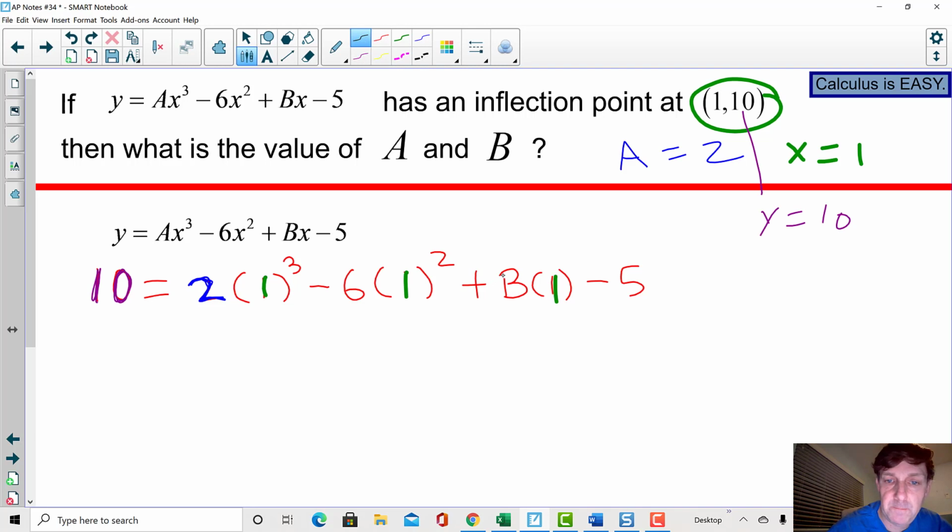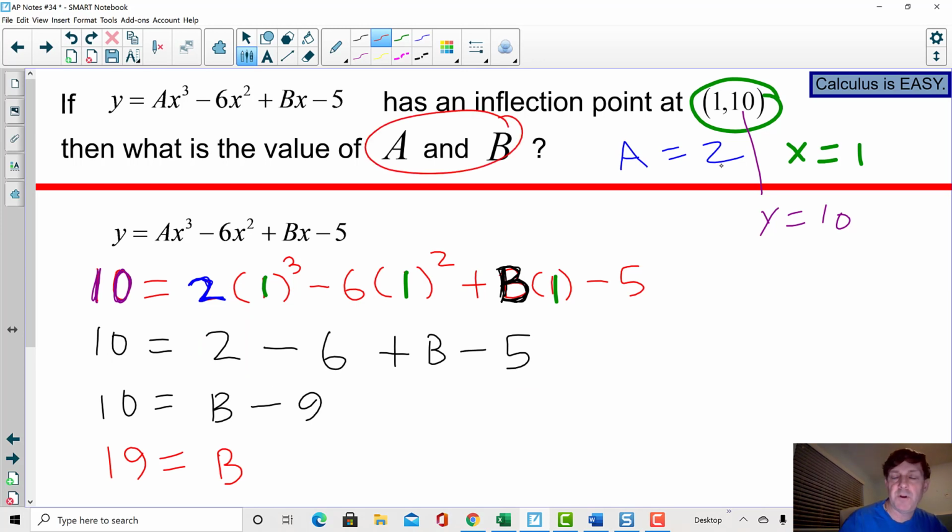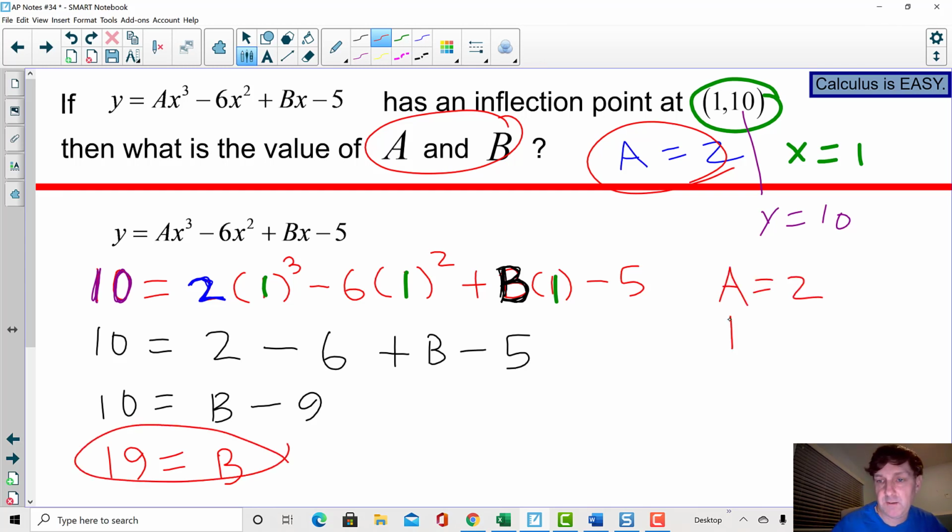Remember, we're solving this for b right now. Let's simplify it. 2 minus 11 gives us minus 9. Add 9 to both sides, we get b is equal to 19. Remember, they're asking us to solve for a and b. We already know a is 2, and we just found out that b is 19. And that's it.